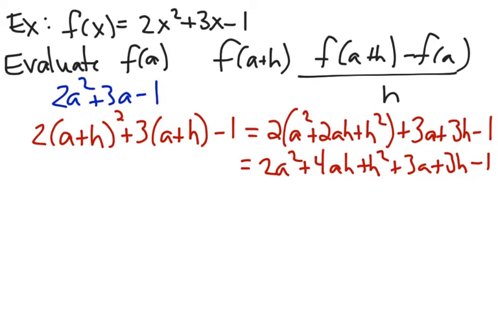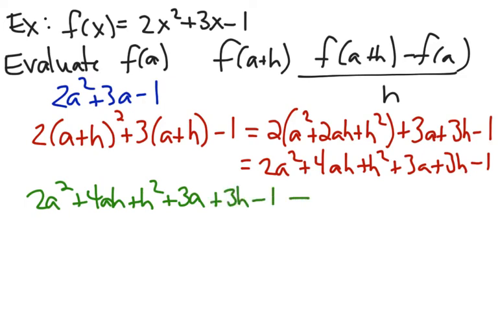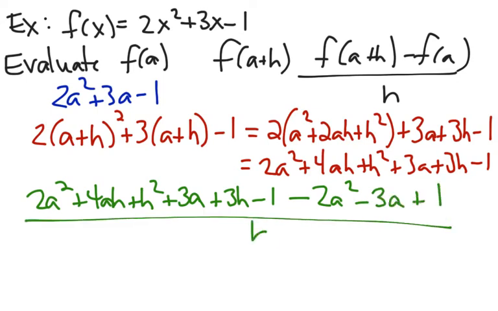So to do the last part, I've already found f of a plus h and f of a. So I'm ready to just subtract them. I'm going to take the first value, f of a plus h, and I'm going to subtract the 2a squared, subtract the 3a, but add the 1, and then I'll divide that all by h.